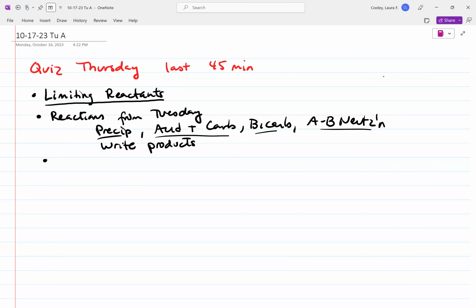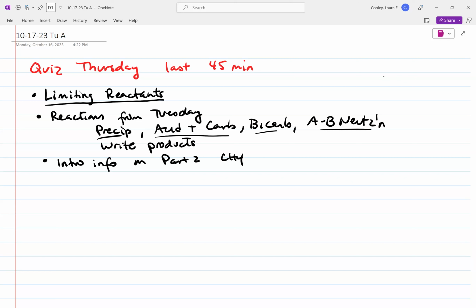There was also some intro information on part 2 of chapter 4, which is the handout I gave on chapter 4, part 2. There's a lot of stuff at the beginning that you have to read, about solubility and precipitation and electrolytes and what is an acid and stuff like that.